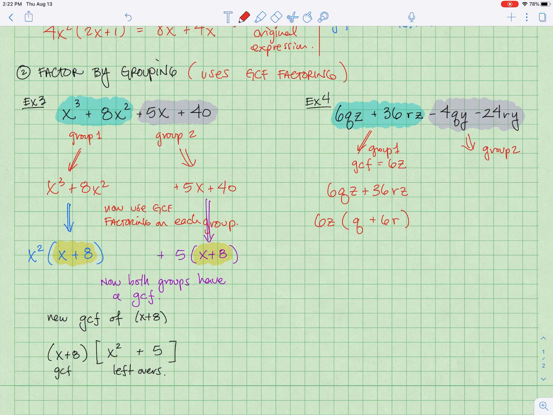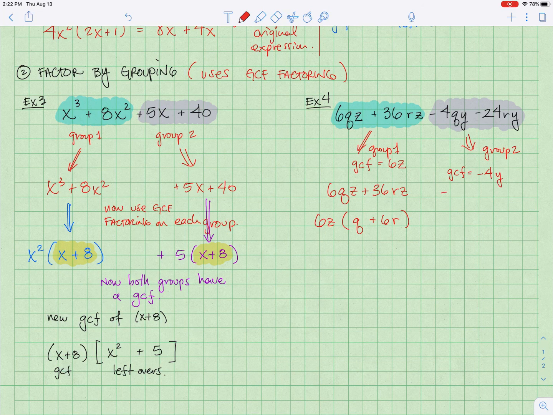In group 2, first of all, they're both negative, so our GCF can be negative. We'll pull out a negative. The largest number that divides into 4 and 24 evenly is 4. They don't have a Q in common, but they do have a Y in common. So that's going to be our new GCF.